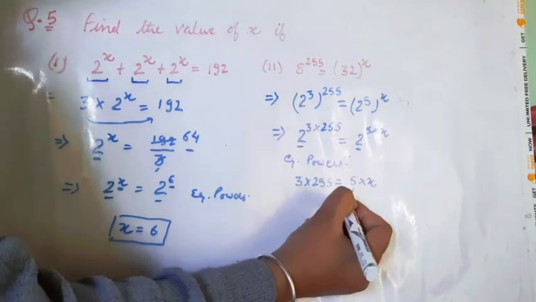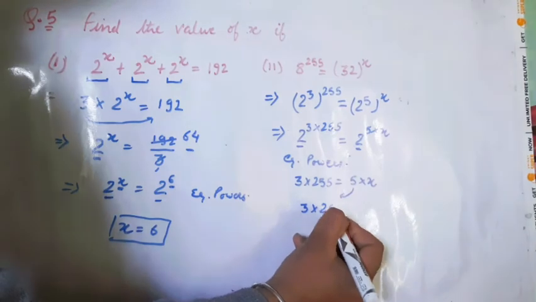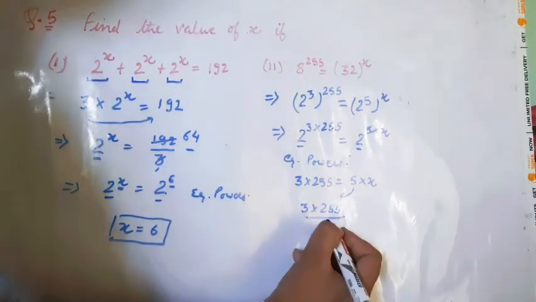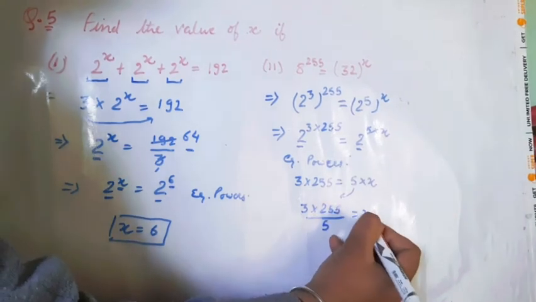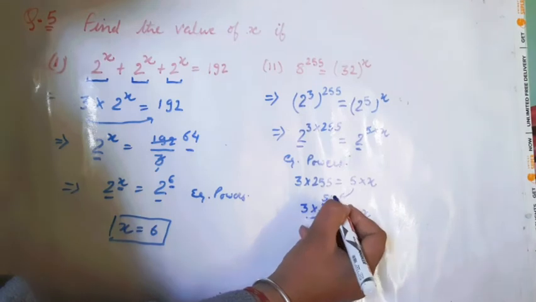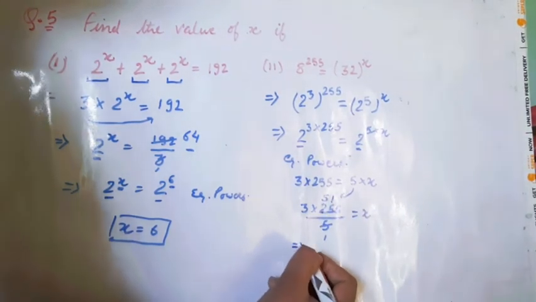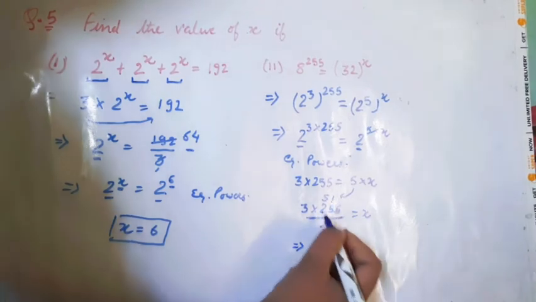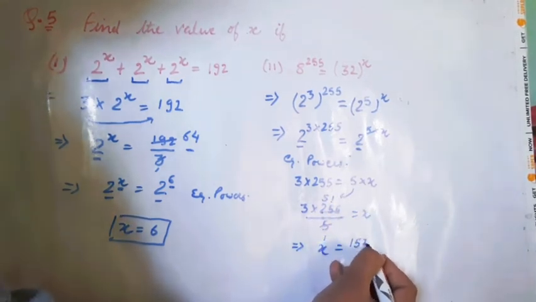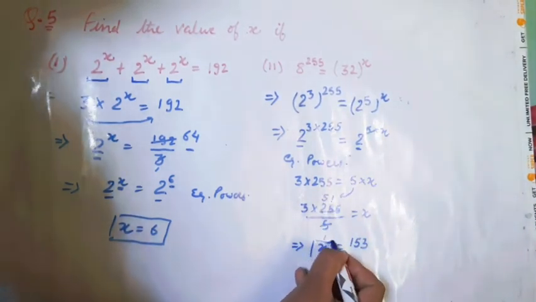Bring 5 to the left side, 3 multiplied by 255 upon 5 will be equals to x. So 5 5s are 25, 5 1s are 5, and the value of x will be equals to 153. 51 3s are 153. This is your required answer.